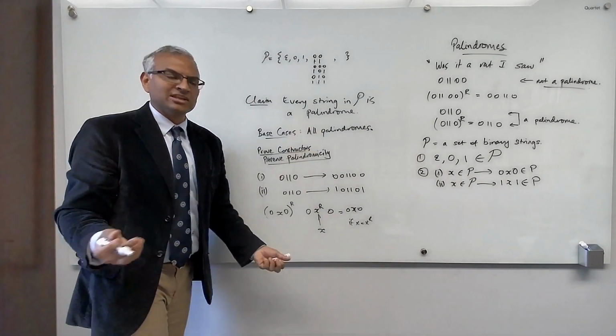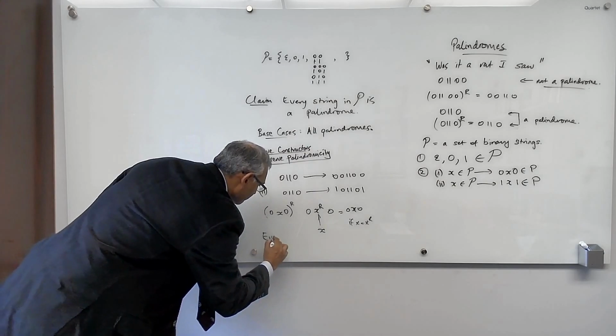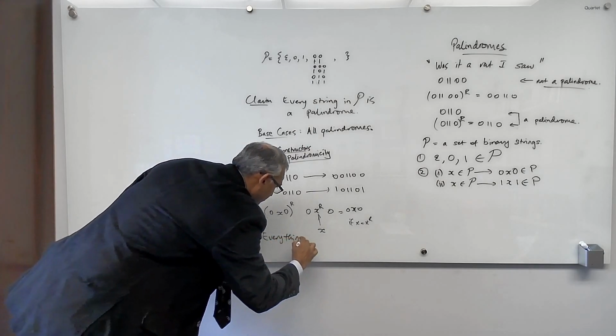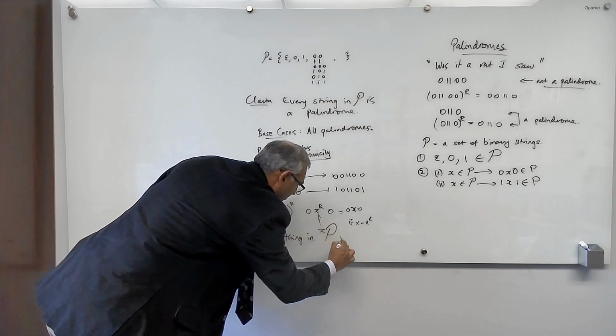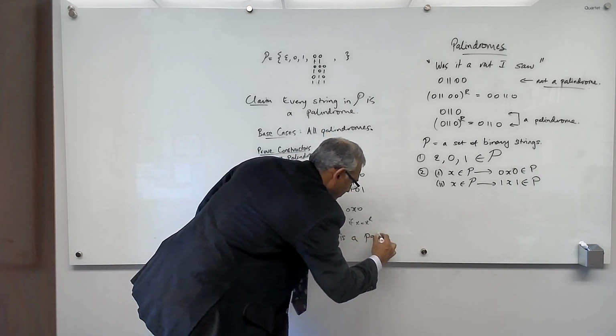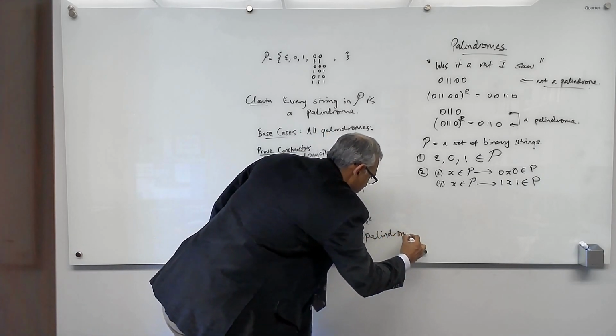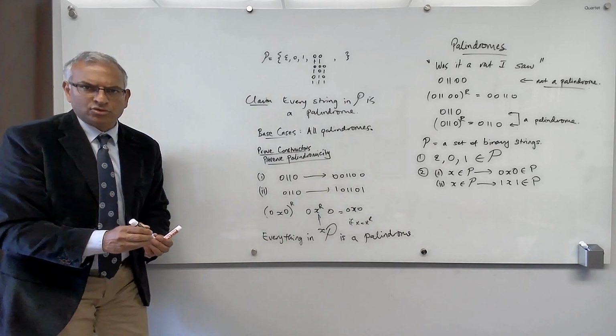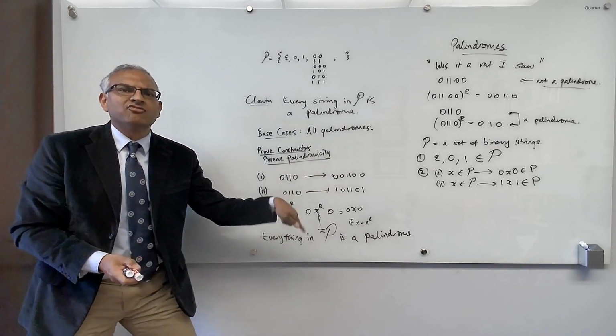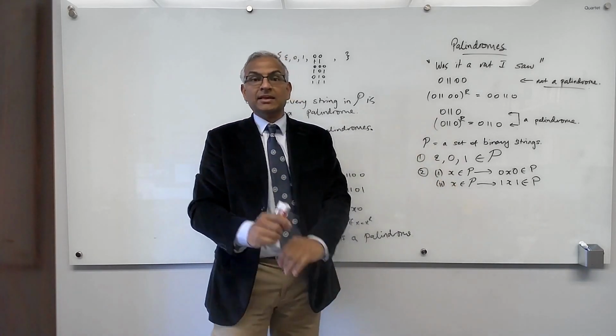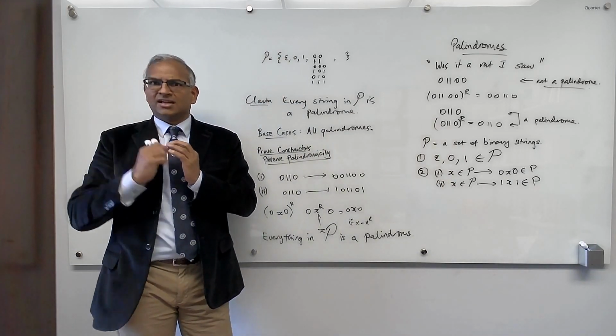And now I leave you to fill in the details. So everything in P is a palindrome. Tough exercise for those of you who want the challenge: prove that every palindrome is in P. That's the harder second kind of question.